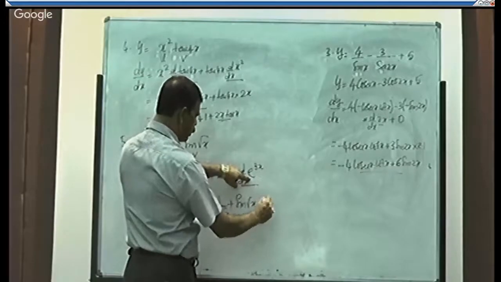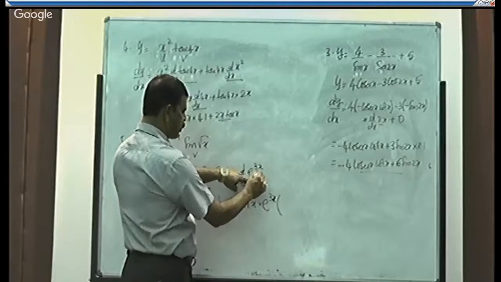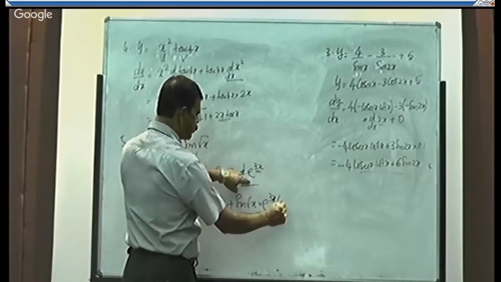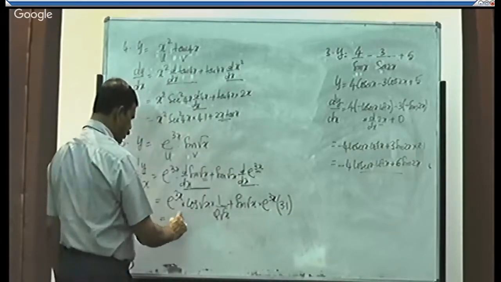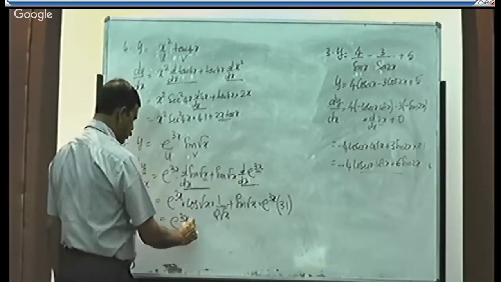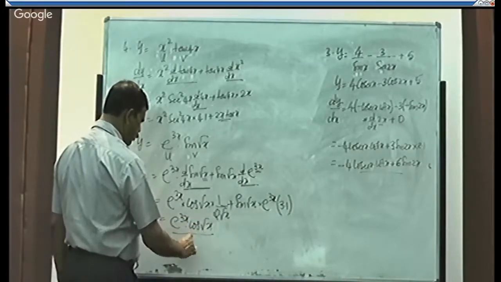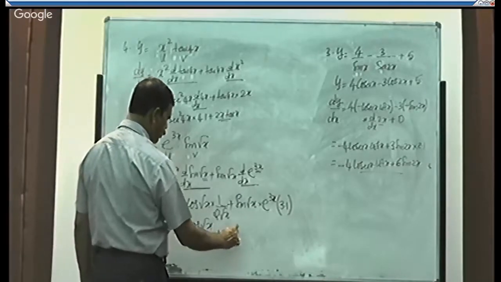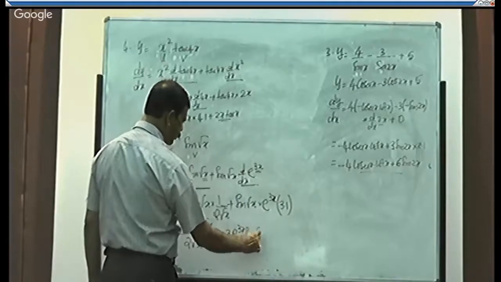Differentiation of e power x is e power x into differentiation of 3x. I am writing the derivative directly. Differentiation of 3x is 3 into 1. So it is e power 3x into cos of root x, whole divided by 2 root x, plus 3 into e power 3x into sine root x.